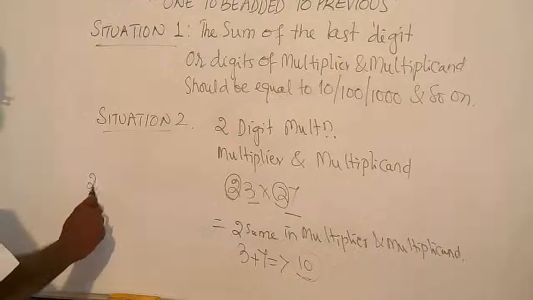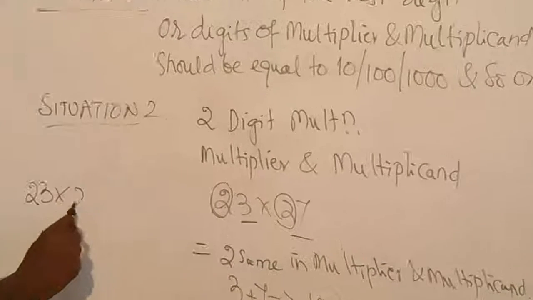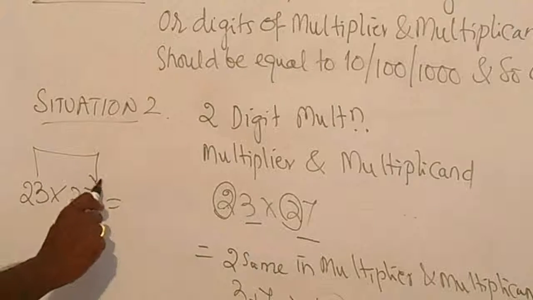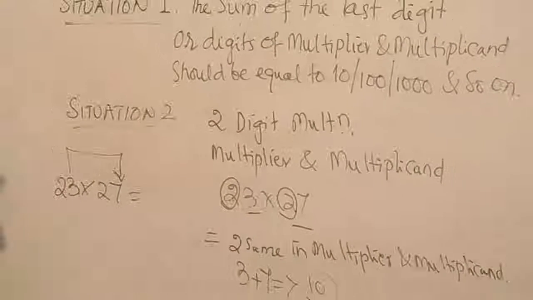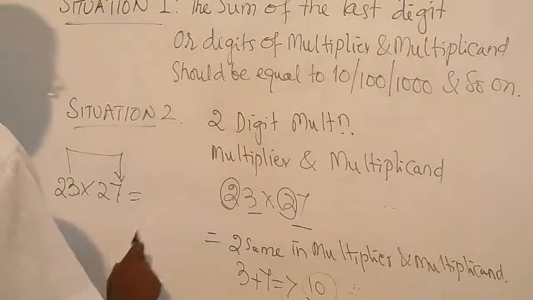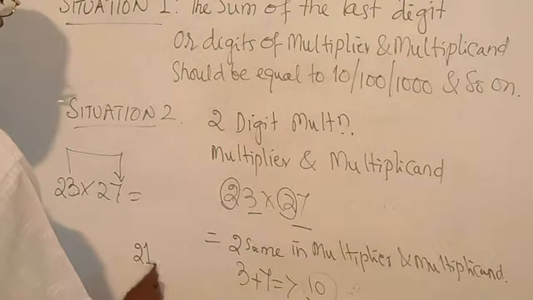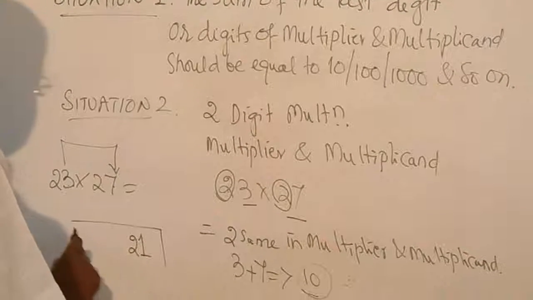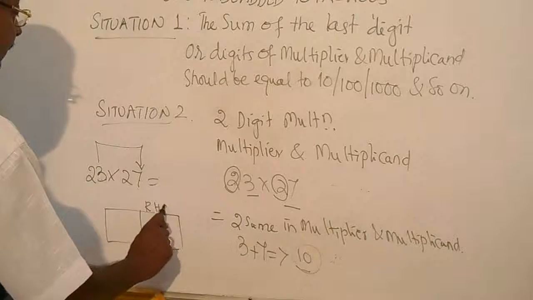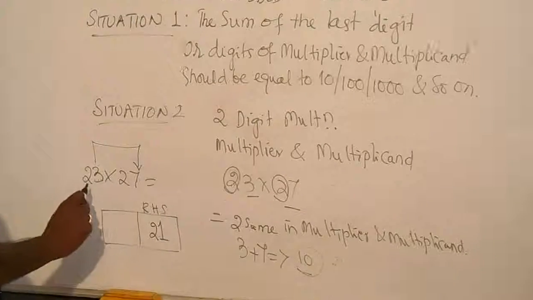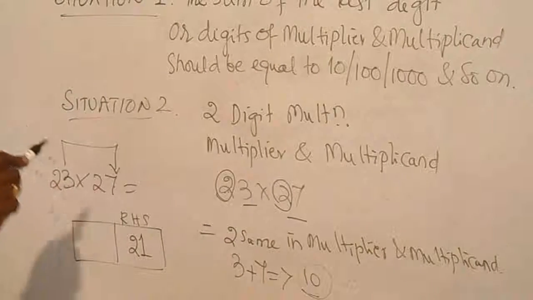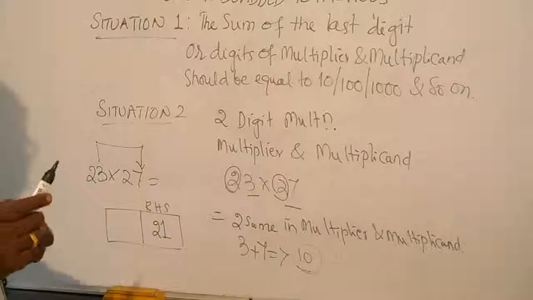So 23 and 27, which is equal to, see, we should multiply the unit places. 3 7s are 21, forming RHS. Next, we have to add 1 to the previous digit, which Ekadikena Purvena says.